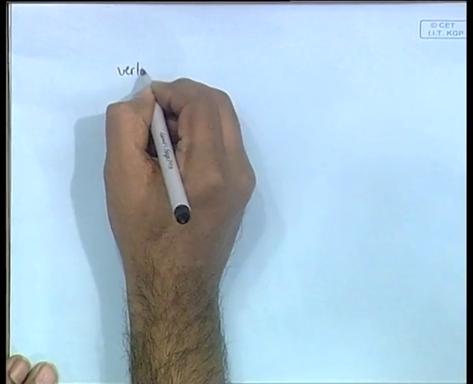Now, next what do you have? You have the vertical shift. First we moved from B0 to B1, now it will move from B1 to B2. Let us consider the vertical shift.